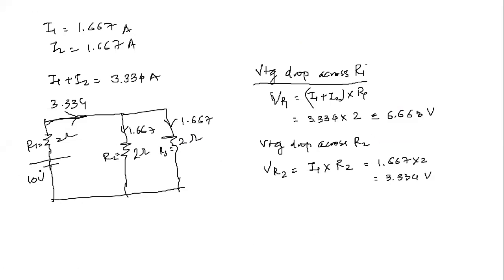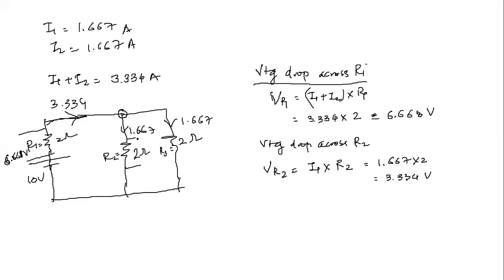So you can notice here, the drop across this is 10 volt, this drop is 6.668 volt, and the remaining voltage drop across this is 3.334. So if you apply KVL for this loop, what do you mean by that?